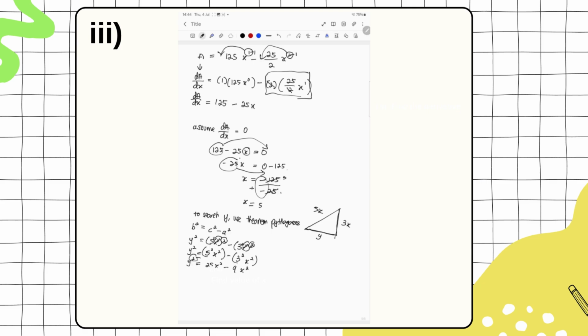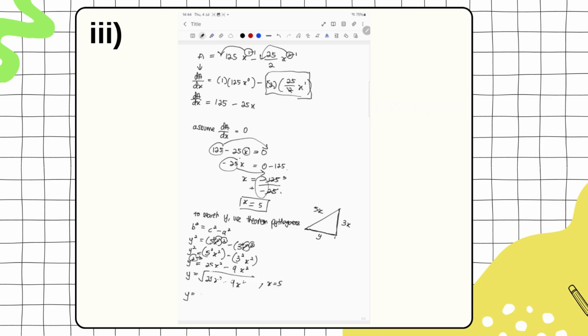And then we need to make y alone, so we need to move the power to the other side. Therefore we got y is equal to square root of 25x squared minus 9x squared. So this is the equation for y. Since we got that x is equal to 5, we can substitute x into this equation.